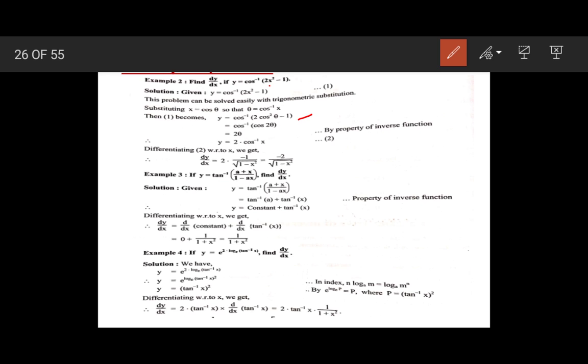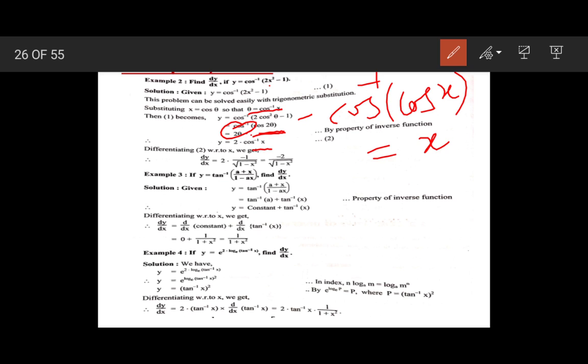This is nothing but the formula of cos 2 theta. So finally I am getting cos inverse cos 2 theta. And we know that cos inverse cos x is equal to x only. So cos inverse cos 2 theta is equal to 2 theta. Now theta is cos inverse x, right?